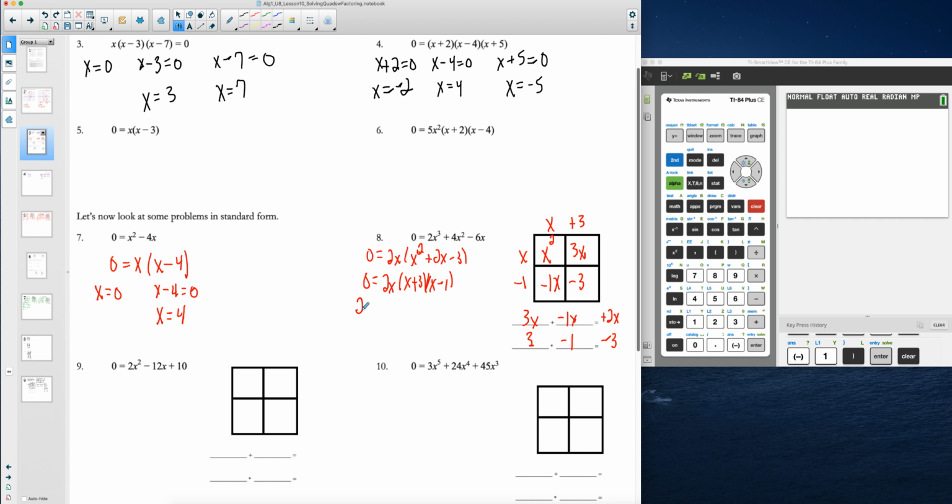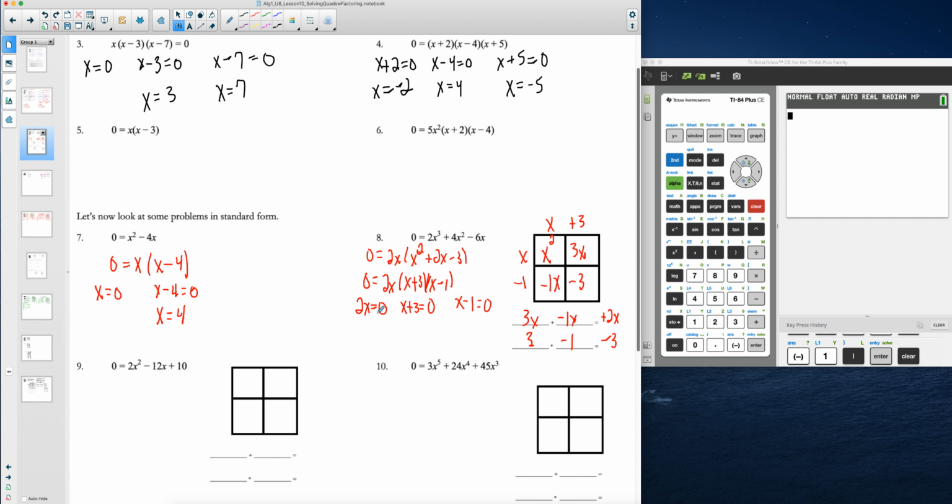So that means I'd have 2x equals 0, and then I'd have x plus 3 equals 0, and then I would have x minus 1 is equal to 0. And then I just have to go back through and solve for those values.